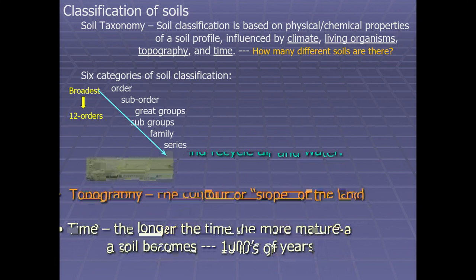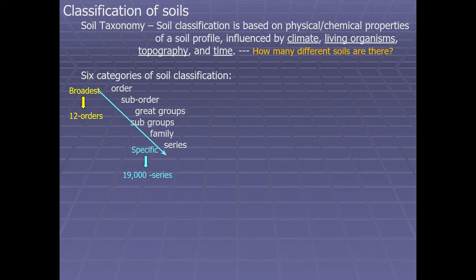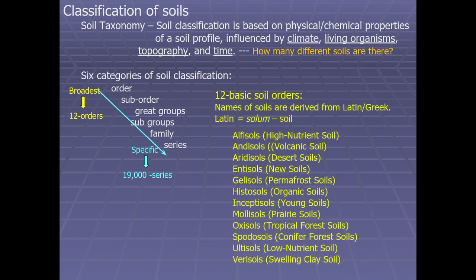By the time you break down all 12 orders of soil and get down to the series classification, you end up with about 19,000 specific types of descriptions of different kinds of soils. Because this is not a soils class, we are not going to look at the specific details of physical and chemical properties of 19,000 different kinds of soils, but instead we will look at the 12 orders of soil, the broadest group of soils across the world.